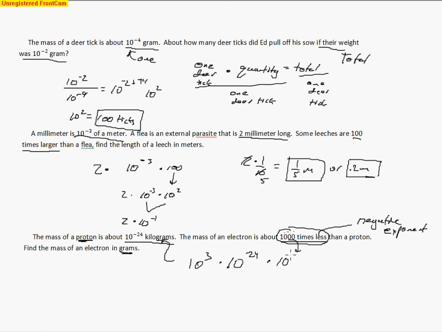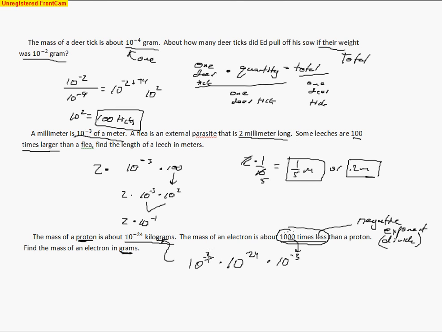Since there are 3 zeros, I'm going to multiply by 10 to the negative third, and that will give me 1,000 times less. Basically, 10 to the negative third means that I'm going to divide. Negative exponents mean divide. And so we continue.